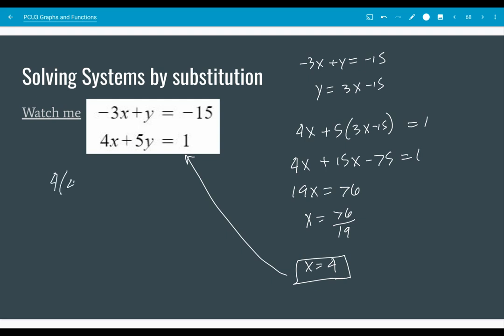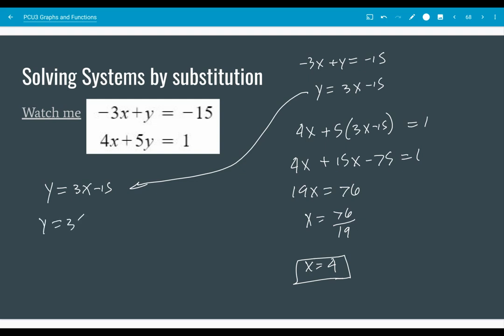We know that y is equal to 3x minus 15 from here. So y is equal to 3 times 4 minus 15. Y equals negative 3, so our solution is (4, -3).